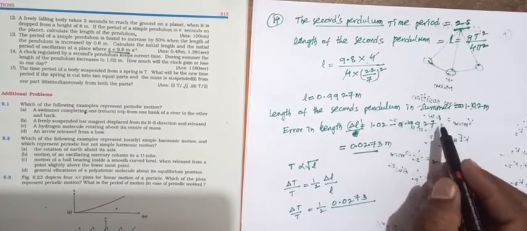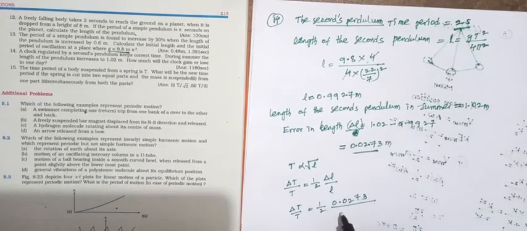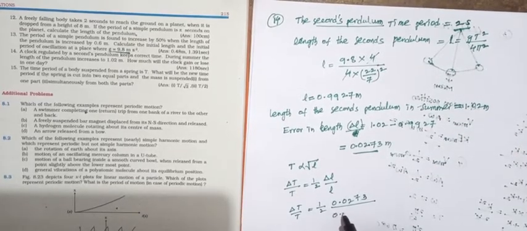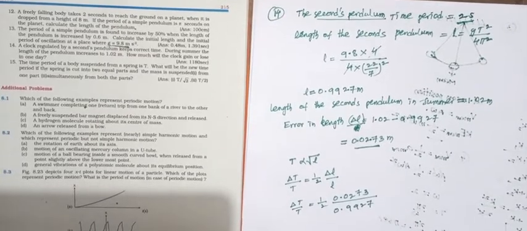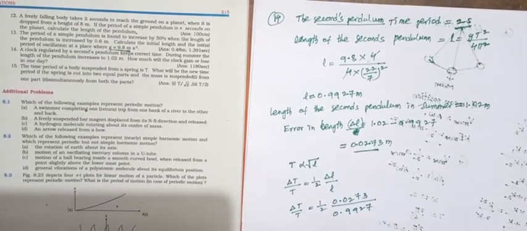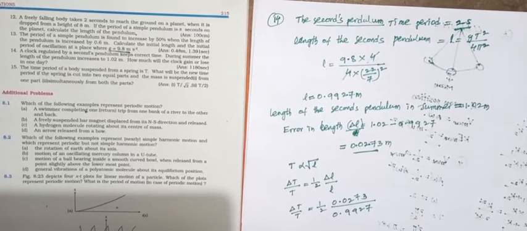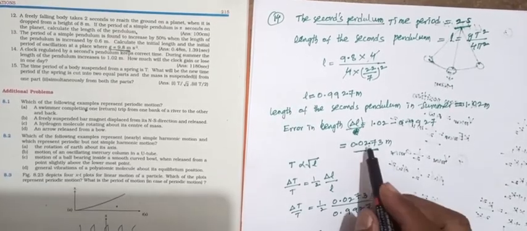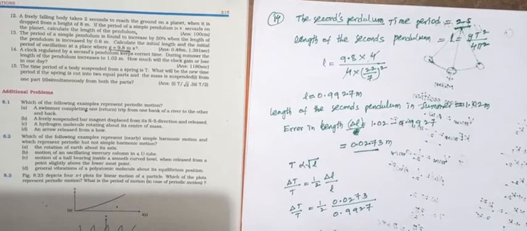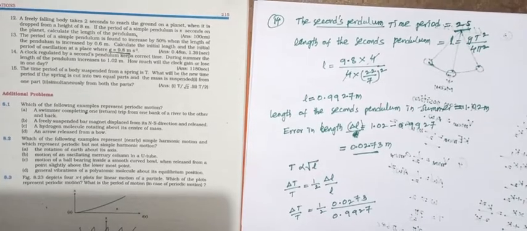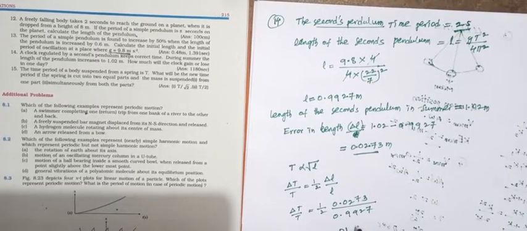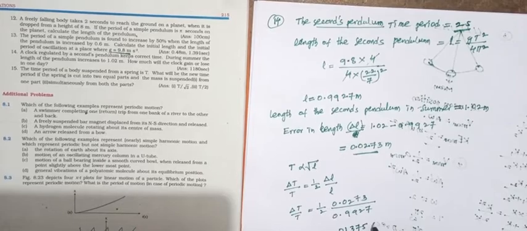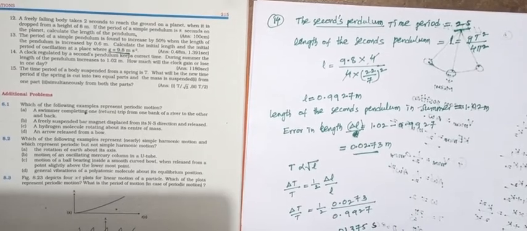What is the initial length? 0.9927. Okay, so this value is 0.01375 seconds.